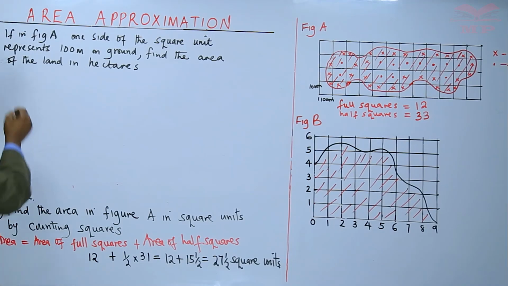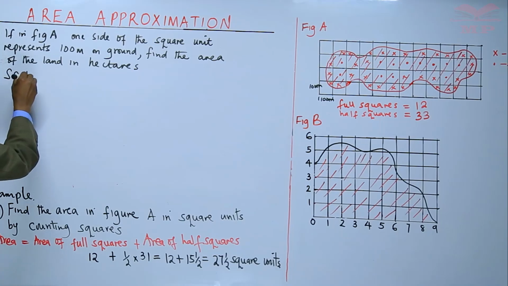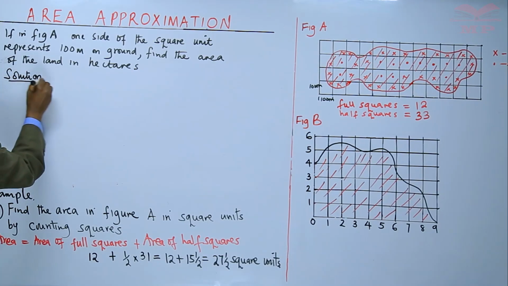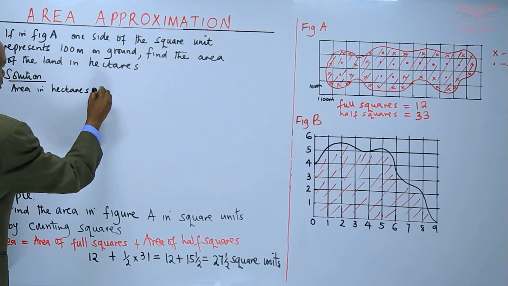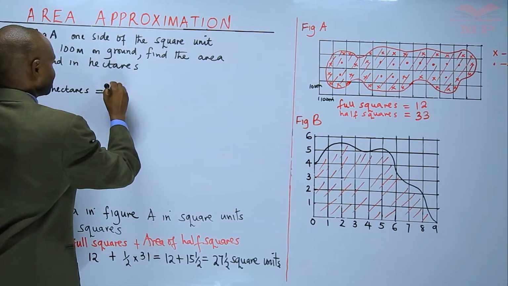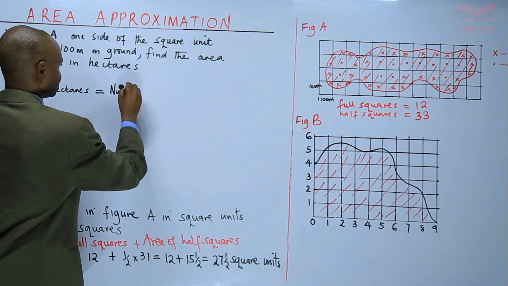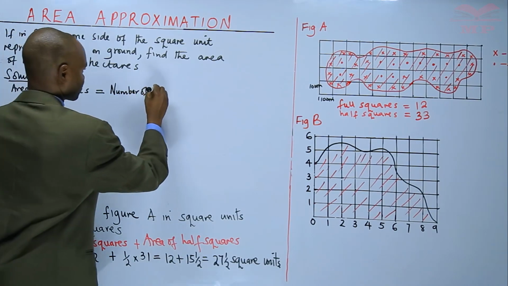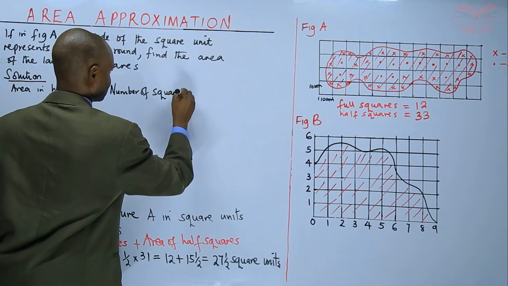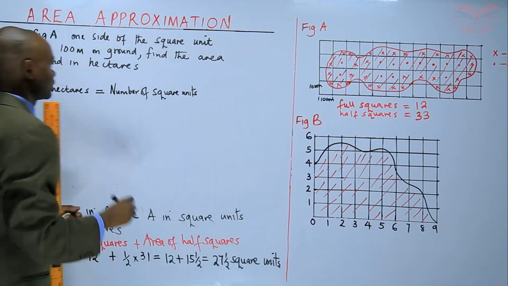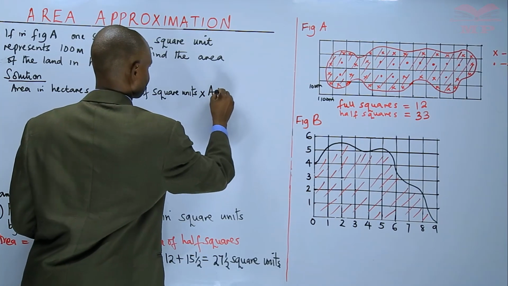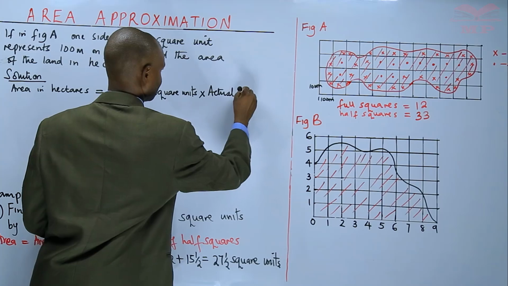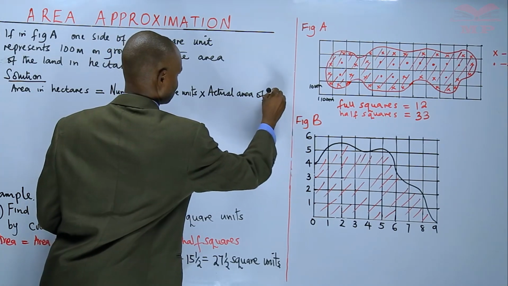So the solution for that area in hectares will be equal to the number of square units times the actual area of each unit.